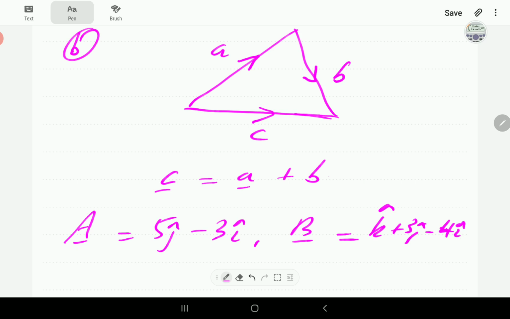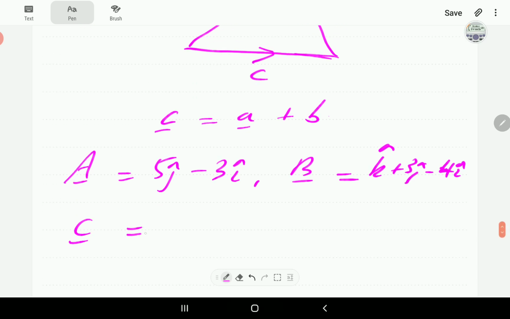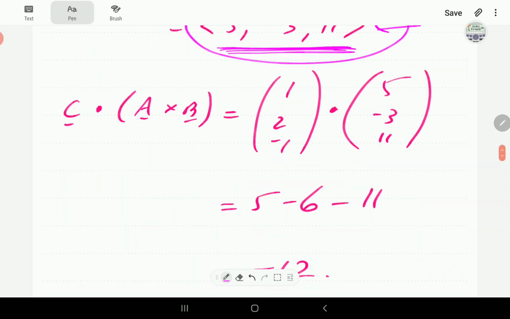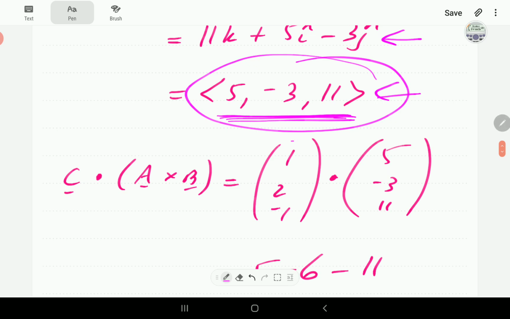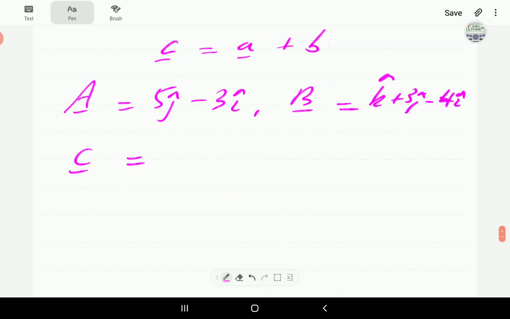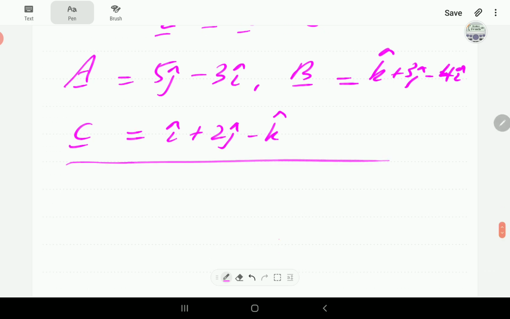And C is i plus 2j minus k. So you can show that if you add two of them, you get the third. Then we have shown that. There is a bit of trial and error here.